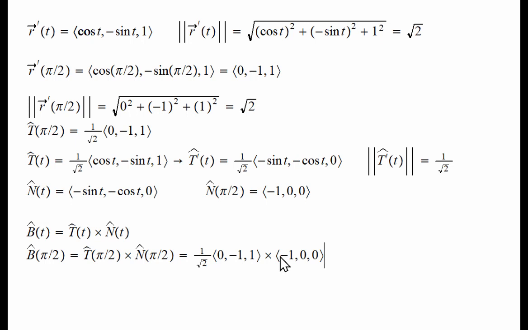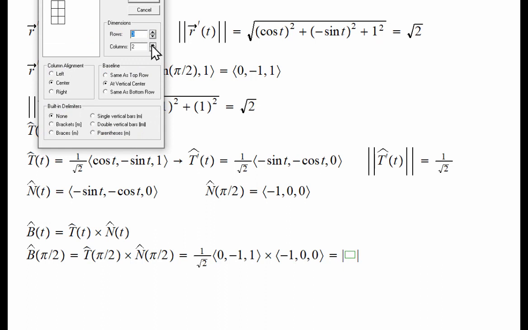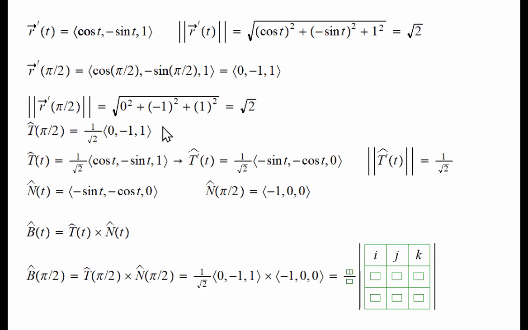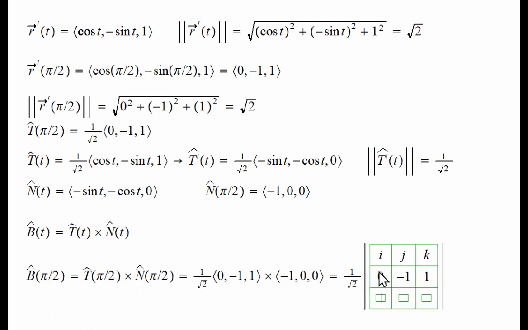Now you can use the method of determinants, so let me write that determinant here for you. I have been skipping a lot of steps, so maybe just write those here. So you get i, j, k. If you compute it in this manner, let's write 1 over square root of 2 outside, and then we get 0, -1, 1, 1, 0, 0.